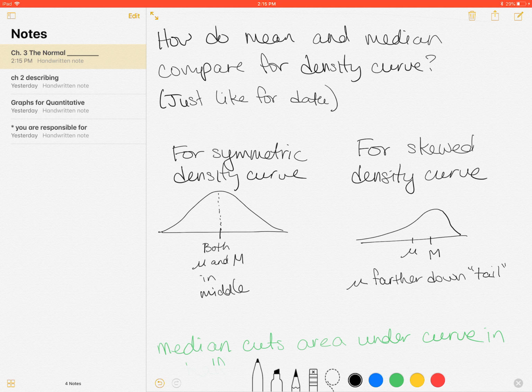So if we have something shaped like this, I'm not going to make you pinpoint exactly where mu or the median are, but I might make some tick marks and say, okay, which one is the mean, which one's the median? And you'll know the median is more toward the center and the mean is more toward the tail.